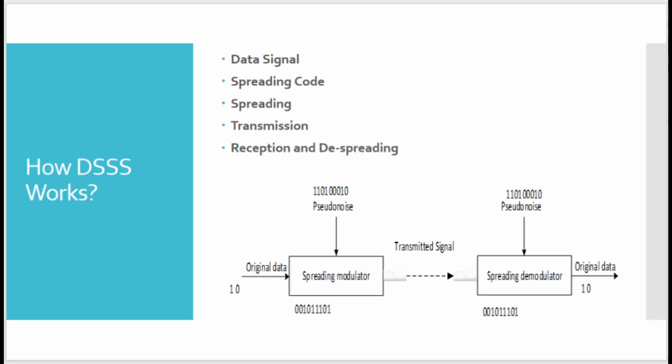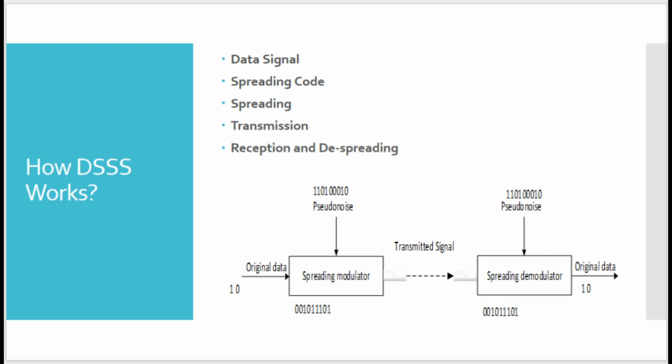So how does DSSS work? Before that, let me explain some of the components. Data signal: the original data to be transmitted is represented in binary form.